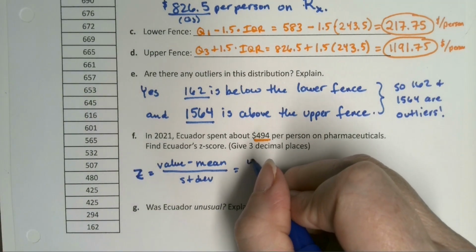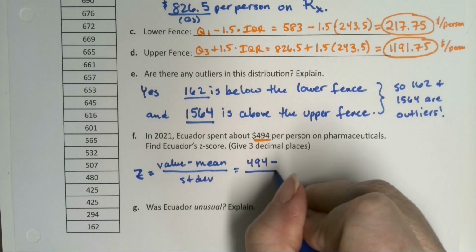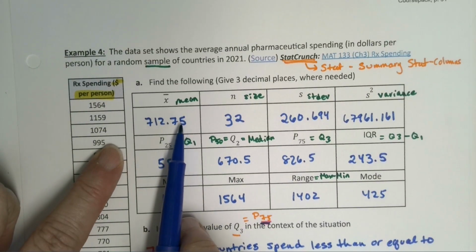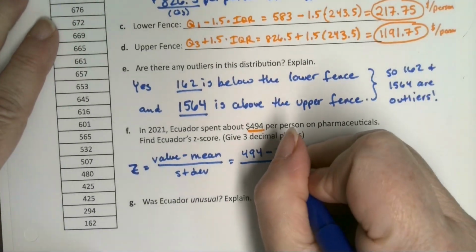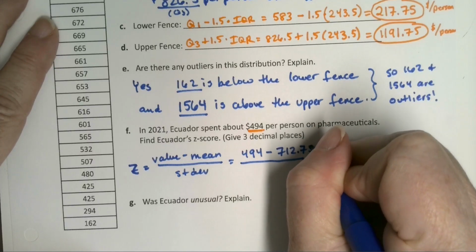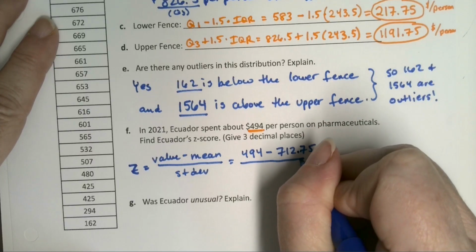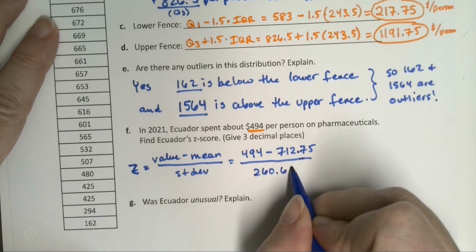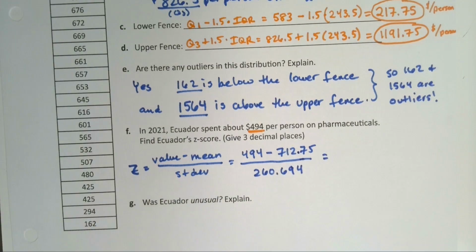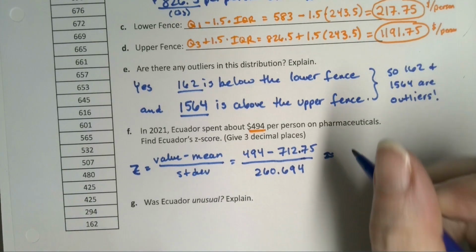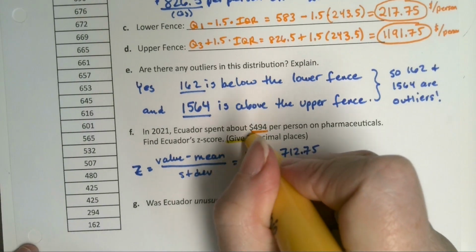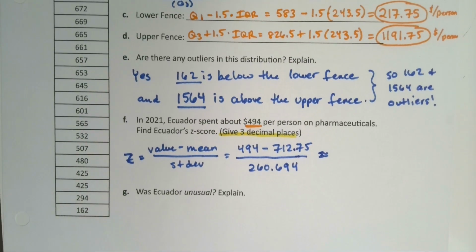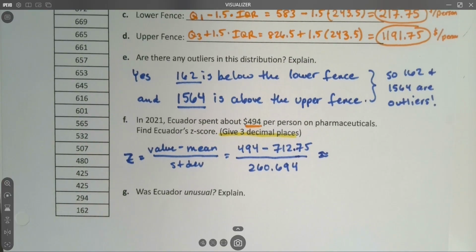So we're going to take 494 minus the mean we have above. It's 712.75. And we're going to divide it by the standard deviation, which was 260.694. And this will be approximate. We're going to have to do 3 decimal places here. Okay, so let's go run that calculation.